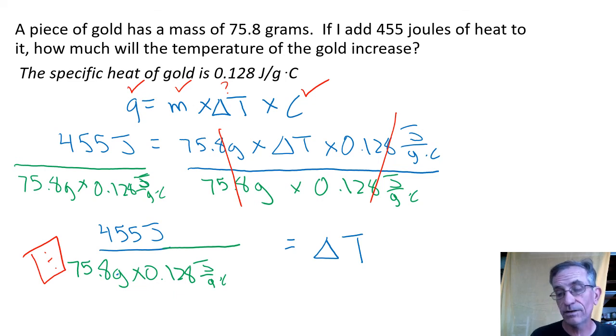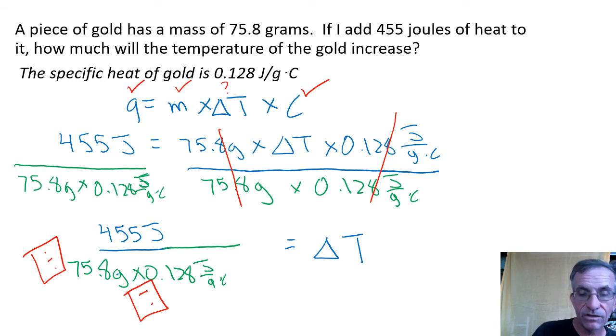The next number is on the bottom, the 0.128, so you're also dividing by it. Hit the division key a second time and divide by 0.128. So it's 455, divide by 75.8, also divide by 0.128. If a number's on the bottom, you're dividing by it, so you should be hitting the division key twice.